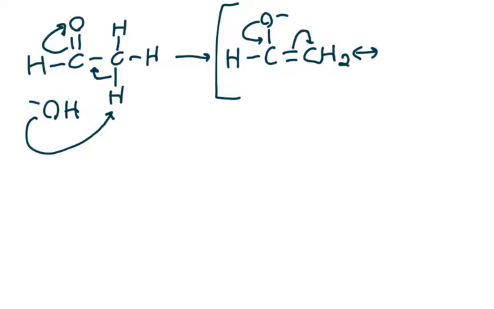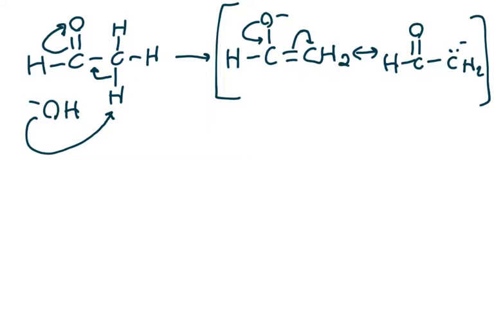So we have this one, which is an enolate, and then we have this one, which has a little carbanion. And the one with the carbanion is the one we care about.